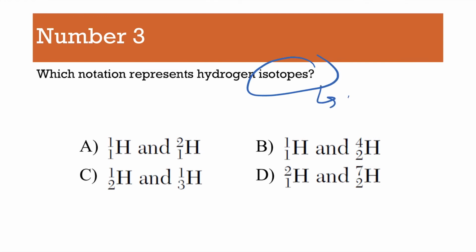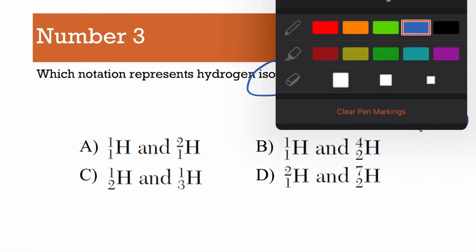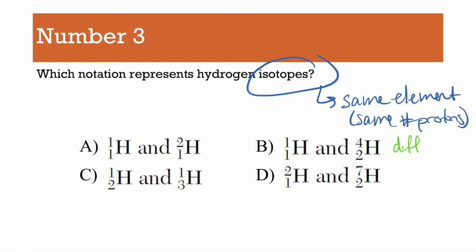Okay. Number 3 is talking about isotopes. So remember, an isotope is the same element, and if you are the same element, you have the same number of protons. So protons don't change, but it has different neutrons. So if we look here, all the symbols say H, that means they're all hydrogen. So we can't use that to help us out.